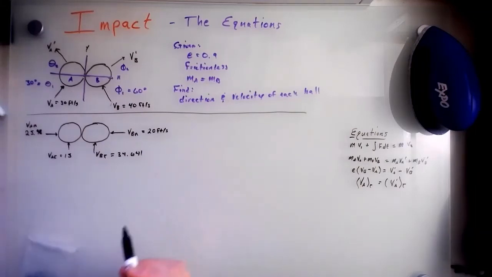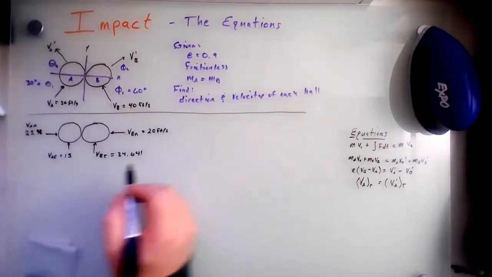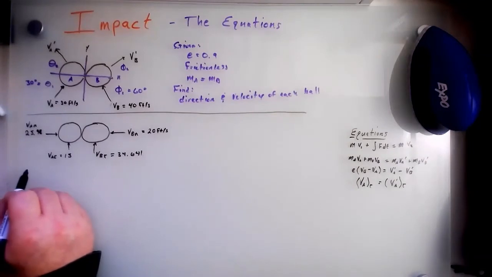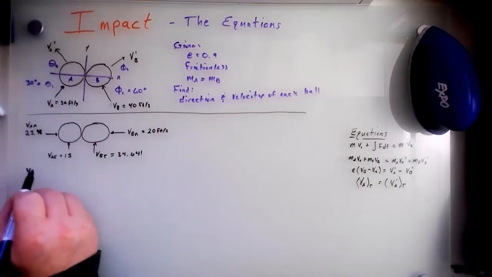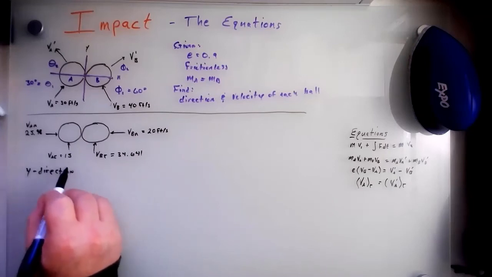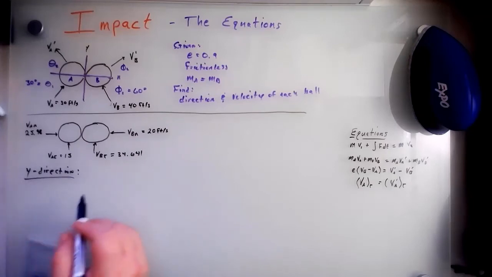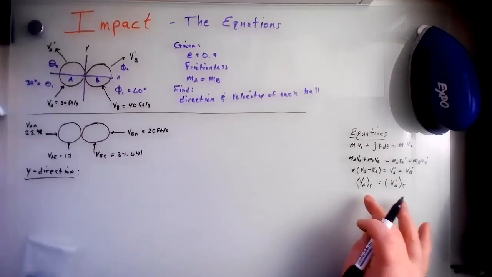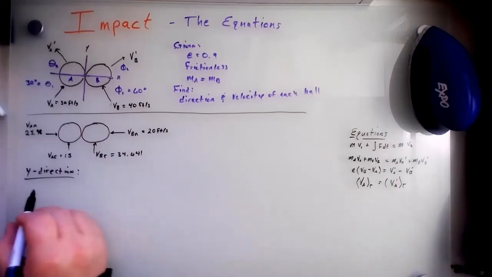Right, so with that we can do the analysis. Well, let's do the easy part first, and that would be in the tangential direction, so in the y direction. All right, and we know that the velocities are conserved, right?